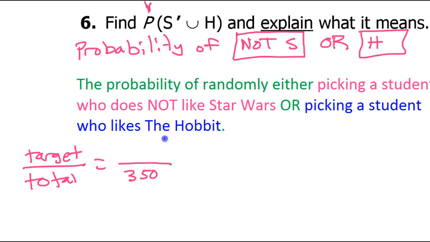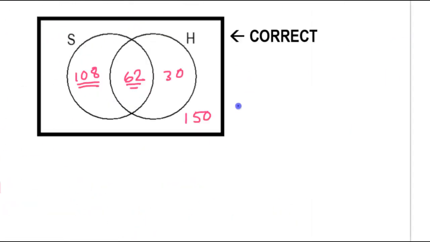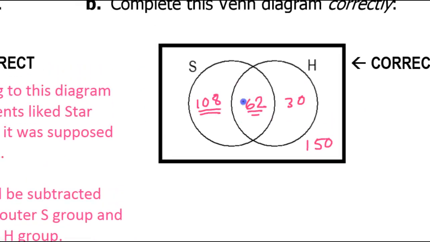So now we just need to figure out how many students do not like Star Wars or like The Hobbit. Whenever you're doing an OR problem, when it comes to shading, you should be shading all of both. That's how you do an OR problem or a union problem.